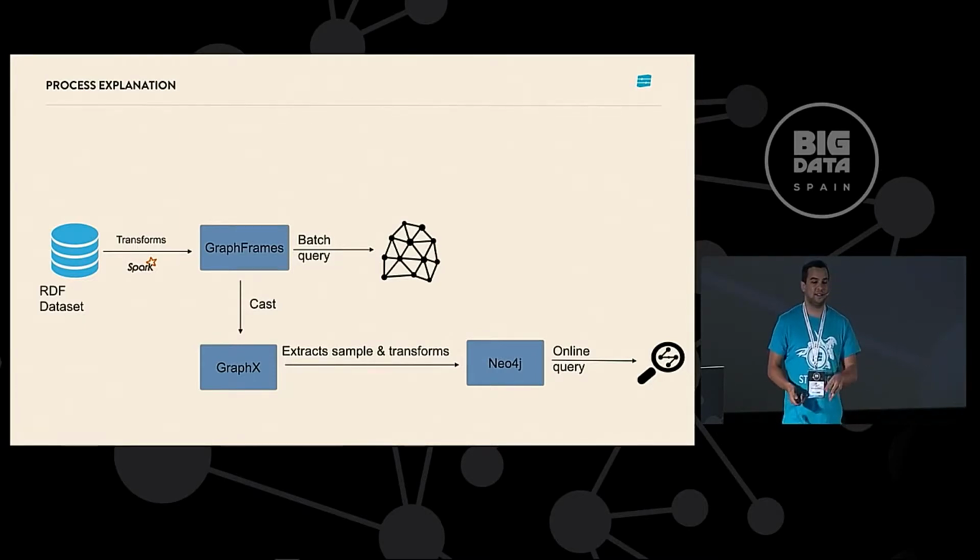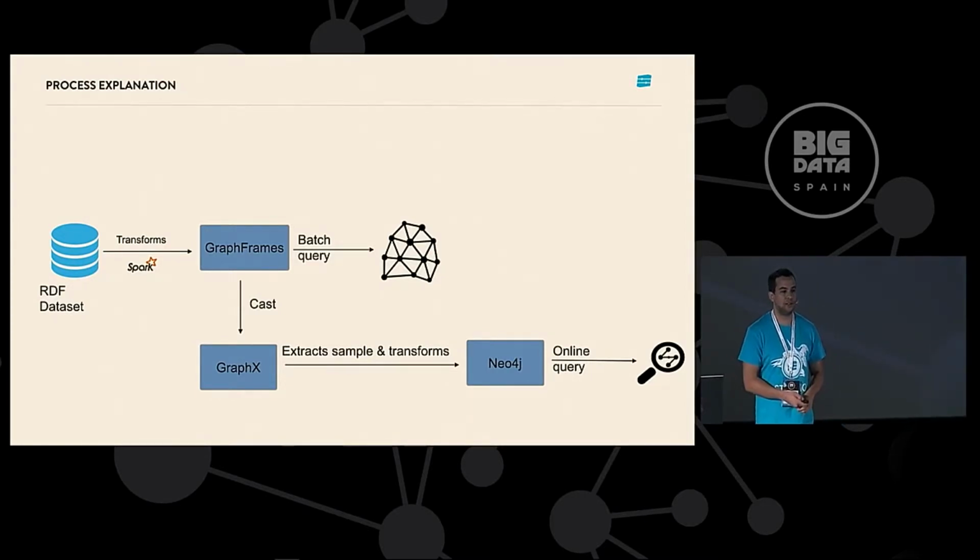So in just a couple of steps, we have three data sources: GraphFrames, GraphX, and Neo4j. And we can offer our client different types of results from every data source. From GraphFrames, massive queries. From GraphX, we can apply machine learning. And from Neo4j, we can create online queries really easily and graphical representations for our teammates or maybe our client.